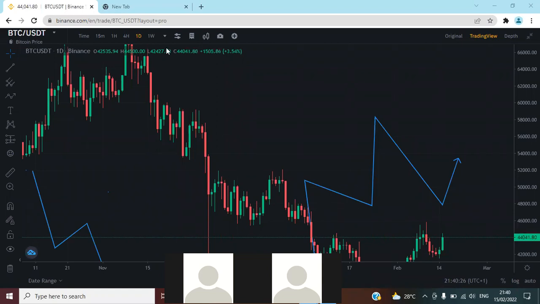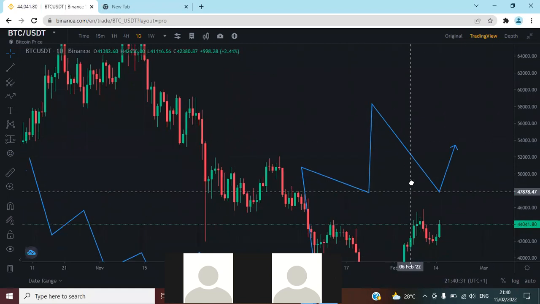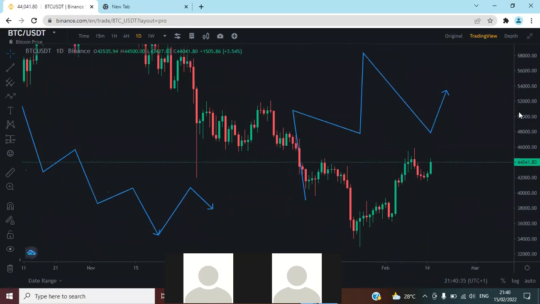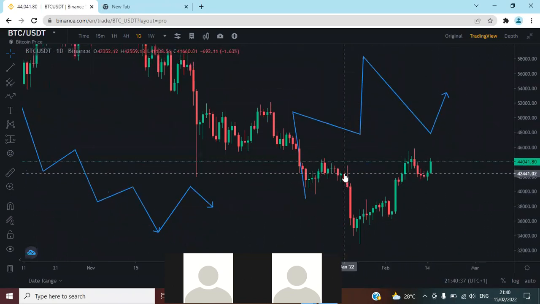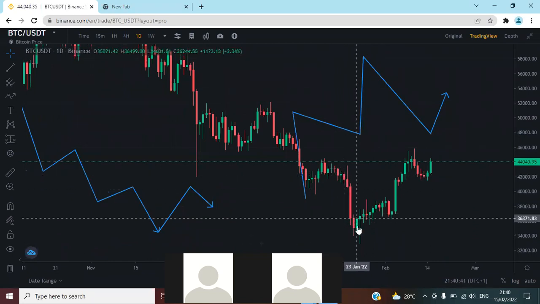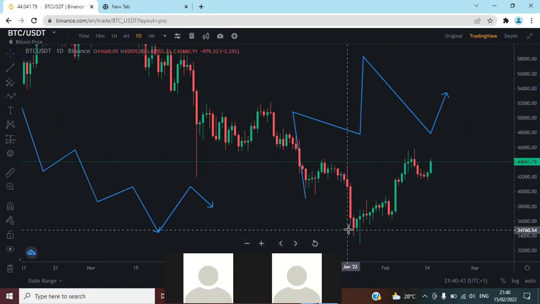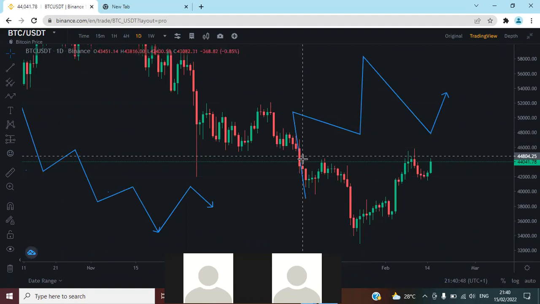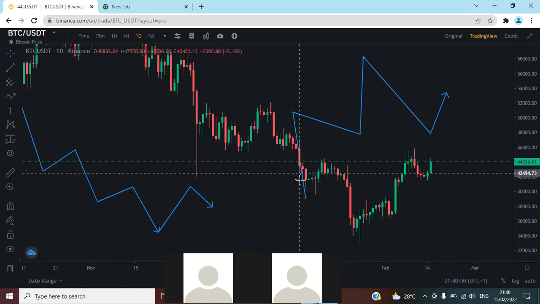So if you look at this, this is the 1-day chart. This is a very strong supply zone. The market moved from here down. Do you see the resistance of the market from here to this supply zone? Bearish candles, more than 3.